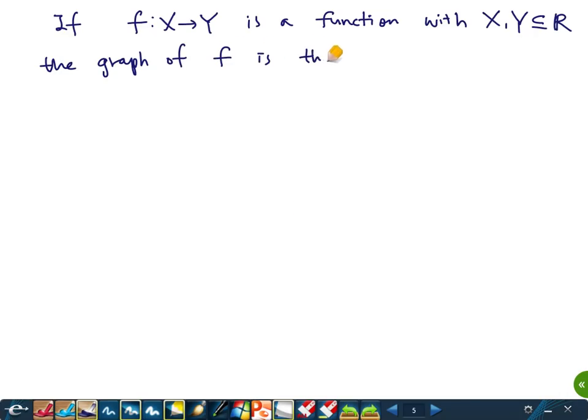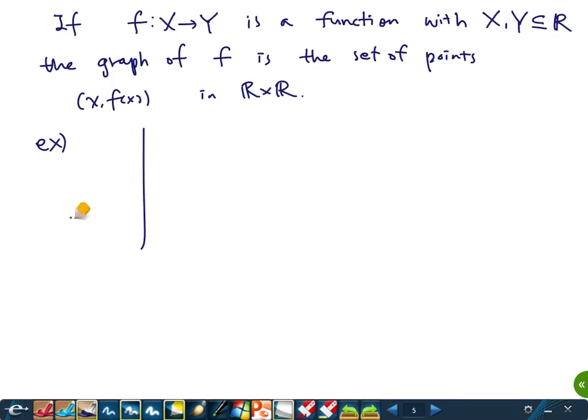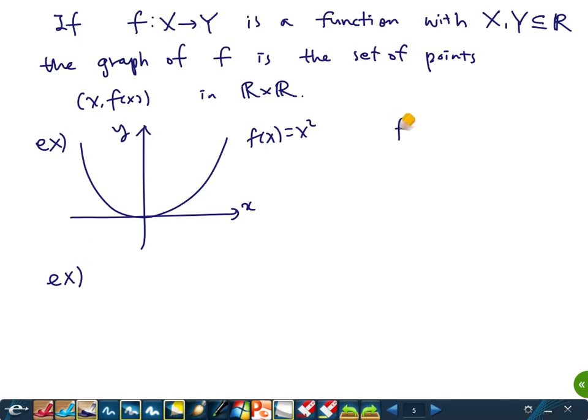It is the set of points (x, f(x)) in R times R. So for an example like y equals f of x, say f of x equals x squared, we put all the points satisfying this condition, (x, y) with y equals x squared. So this is the graph of this function, and of course here the domain and codomain are both the real numbers.